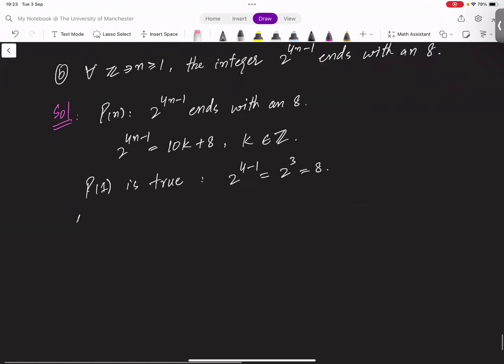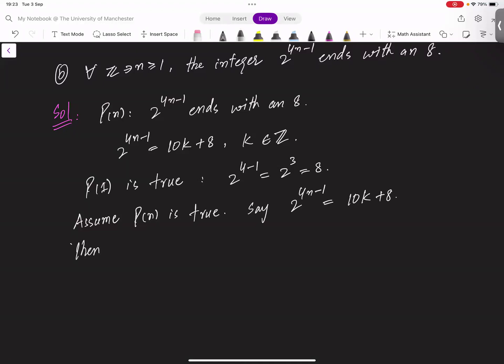Now assume P of n is true. Say 2 power 4n minus 1 is 10k plus 8. Then 2 power 4 into n plus 1 minus 1 is 2 power 4 into 2 power 4n minus 1, which is nothing but 16 into 10k plus 8.